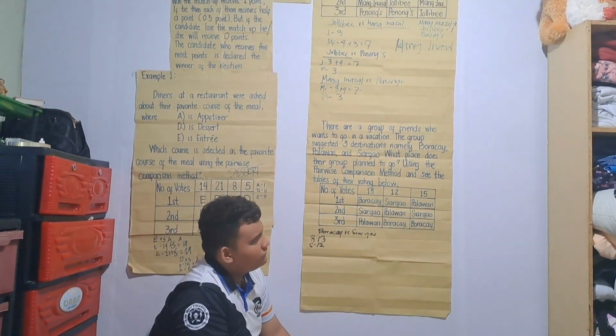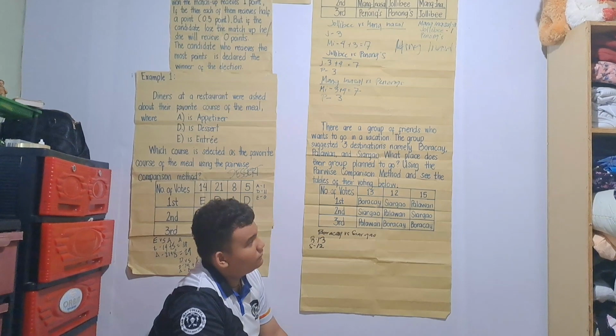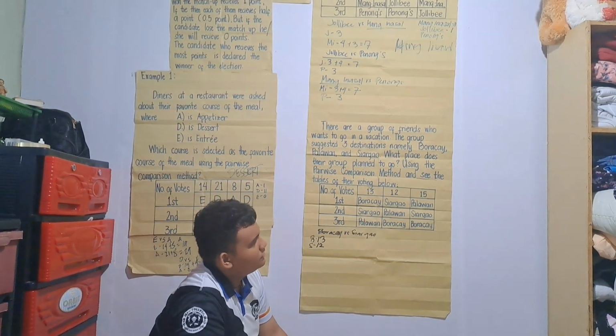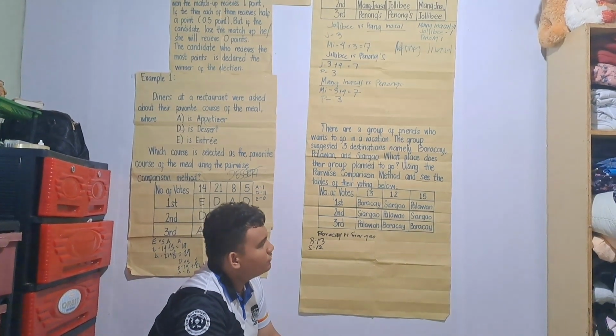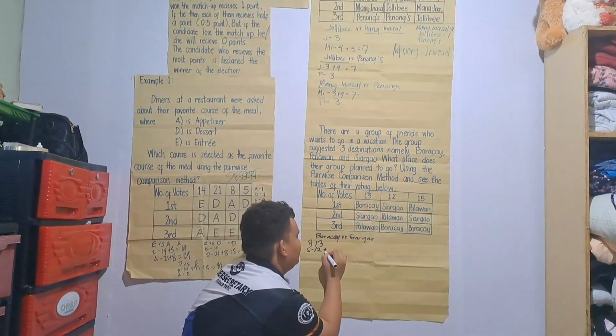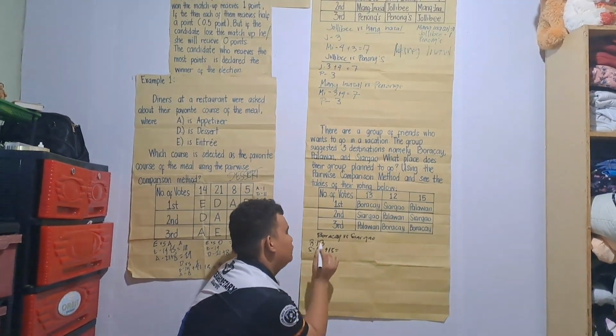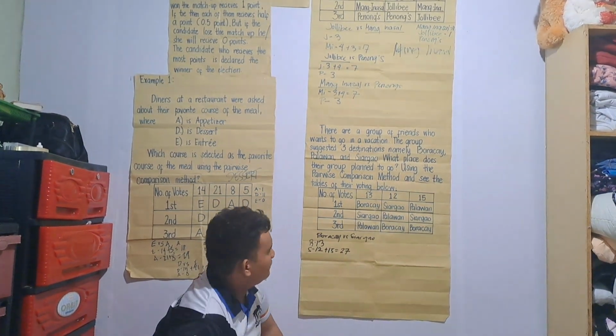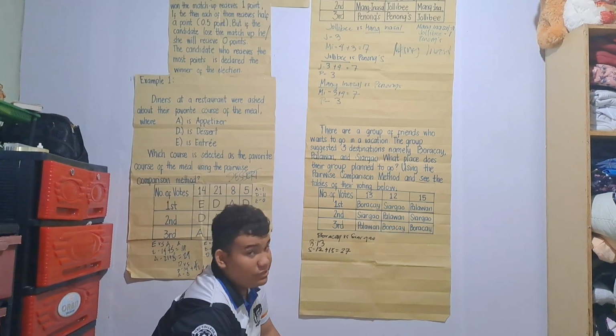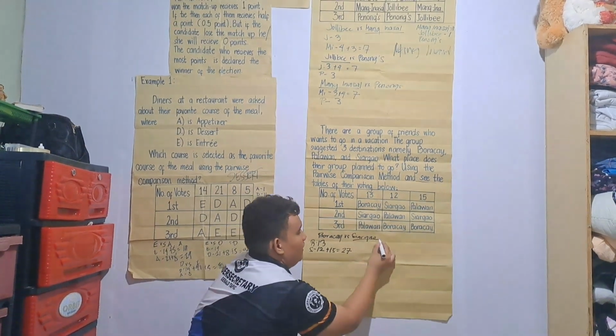In the last column that has 15 votes, 15 voters choose Siargao, then Boracay. So 12 plus 15 is 27. Then the winner of this matchup is Siargao.